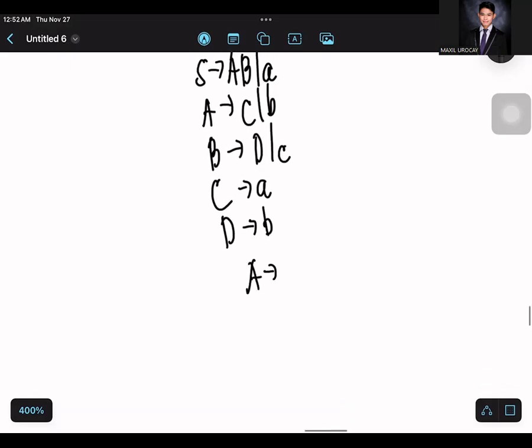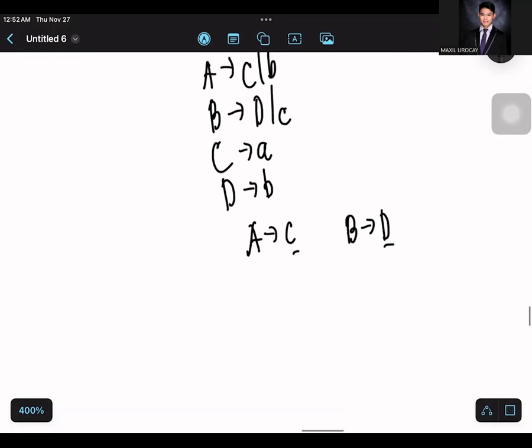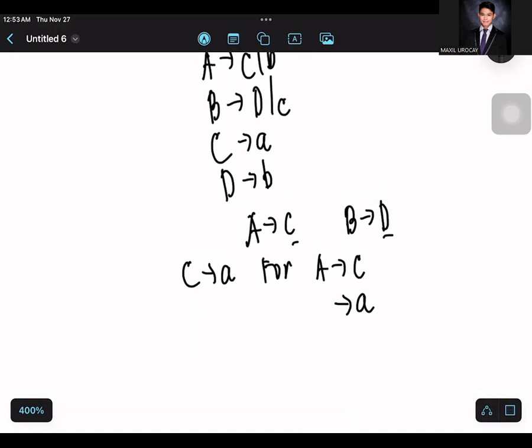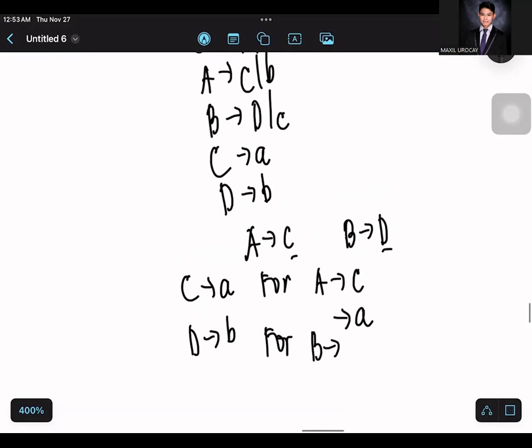That is A to C and B to D. Now C is equal to A and D is equal to B. So C is equal to A, or A to C will become A. The same here, D is B, or B to D, that is B.